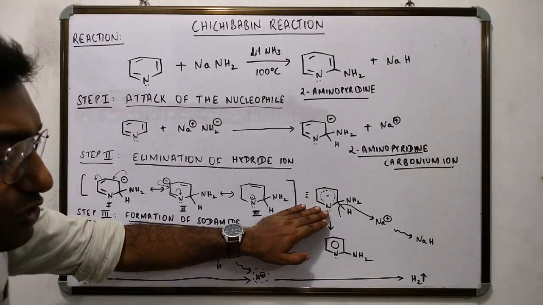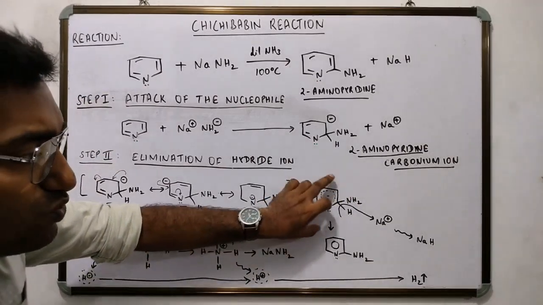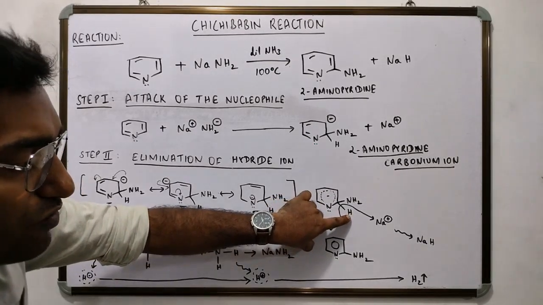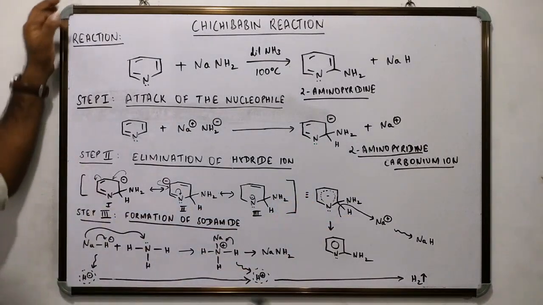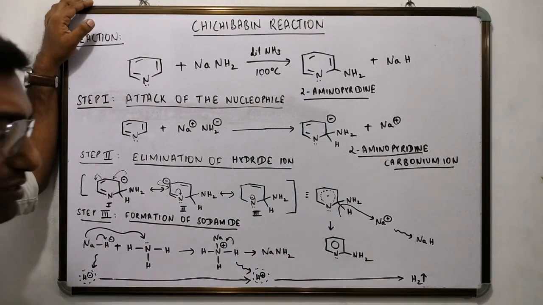To restore its neutrality, the 2-aminopyridine carbonium ion tries to dispose of the hydride ion from its ring. However, the hydride ion is a very poor leaving group.